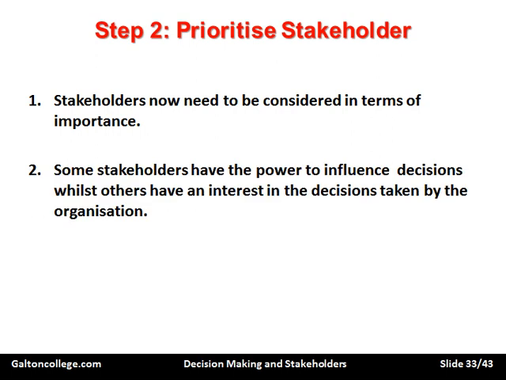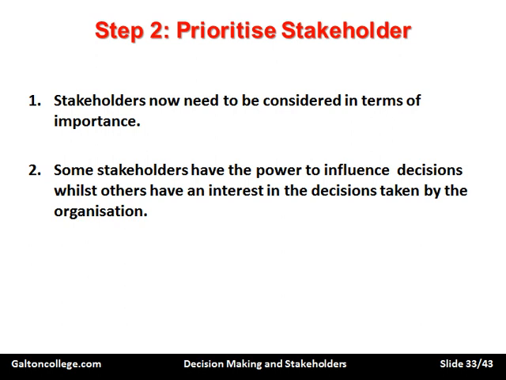Some stakeholders have the power to influence decisions, whilst others have an interest in the decision taken by the organization. So it's also important to recognize that it's not just the organization affecting the stakeholder, but the stakeholder may also affect the organization. For example, the local community may have political connections, they may have political power, so that planning applications could be referred and held up or refused.